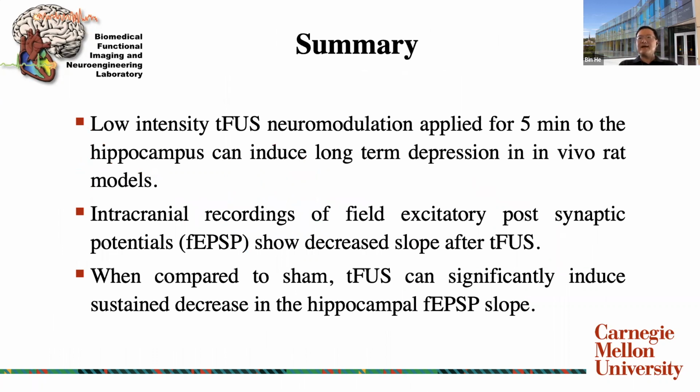We saw that in the hippocampus in rat, 5 minutes of ultrasound stimulation can lead to up to 24 minutes of long-term depression. This is a positive indication about a potential future application, not currently, that if you have a lasting effect, which is really what we need for human neuromodulation application.